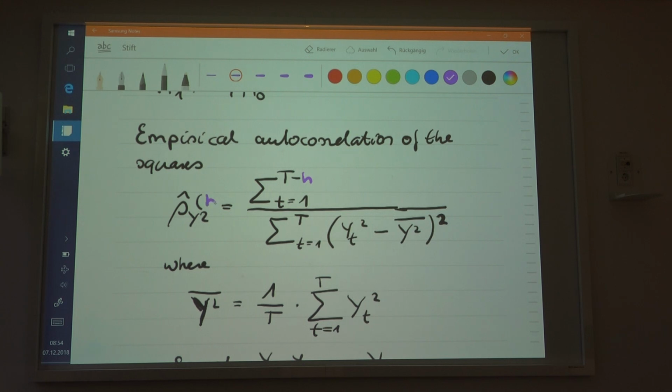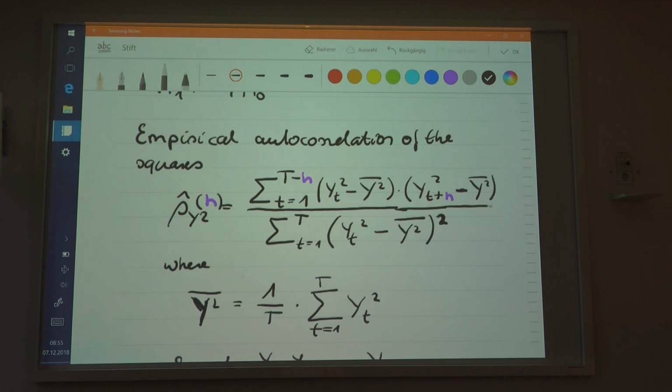So you have y_t squared minus the mean of the squares, times y_{t+h} squared minus the mean of the squares.